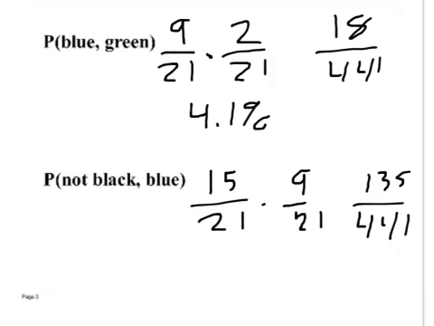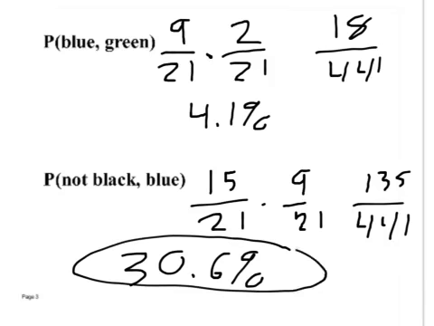If you divide those and change it to a percentage, you get 30.6%. A little less than a third chance of getting those two in that order. Any questions on how to do that?